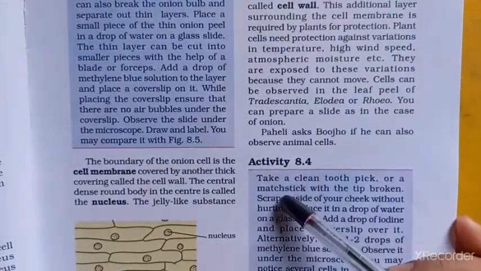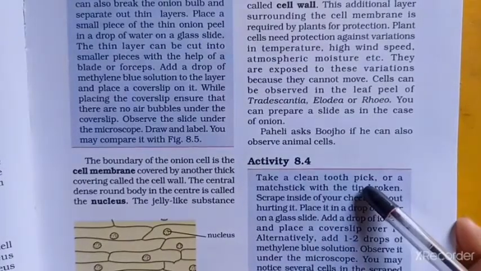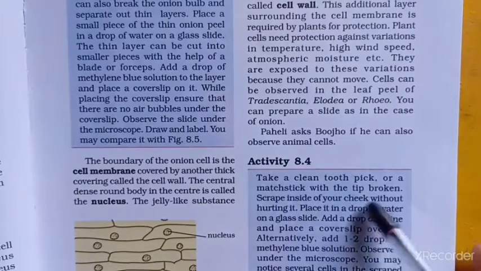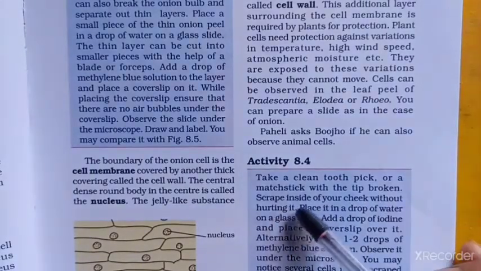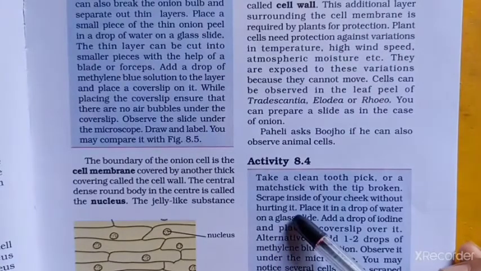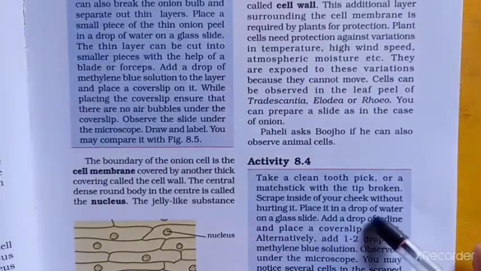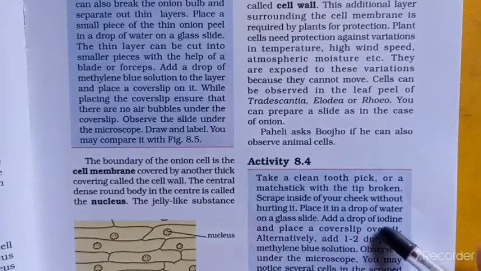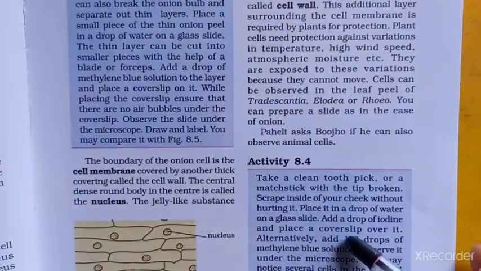Activity 8.4. Take a clean toothpick or a matchstick with the tip broken. Scrape inside of your cheek without hurting it. Place it in a drop of water on a glass slide. Add a drop of iodine and place a cover slip over it.